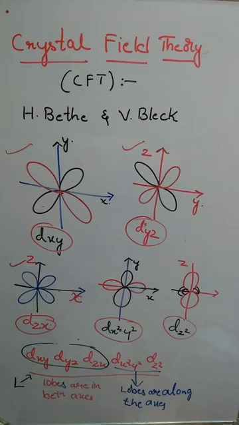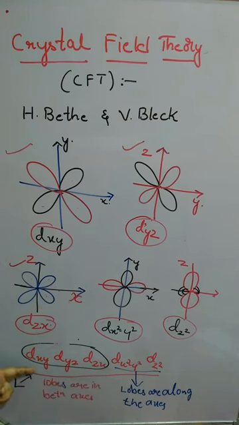than the other set. Here it is not that the ligand should be along the axis or in between the axis. What we are telling is, if the orientation of the orbital of the ligand is similar to the orientation of the orbitals in these orbitals, then these will be experiencing more repulsion than this one.